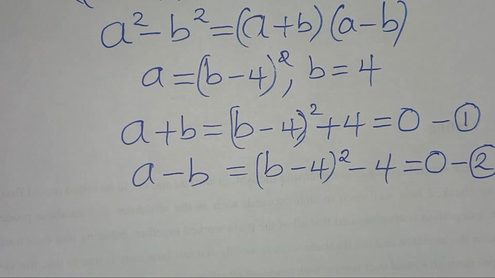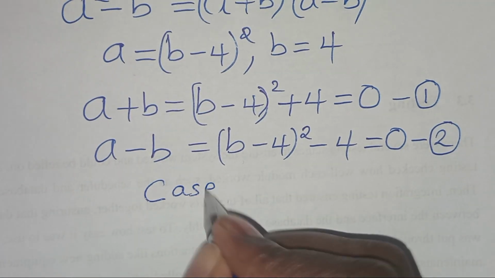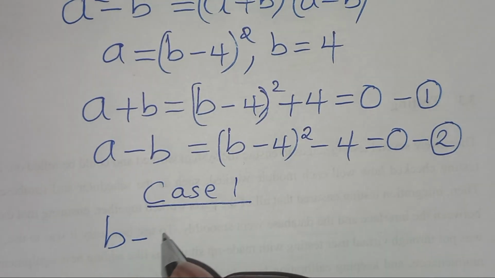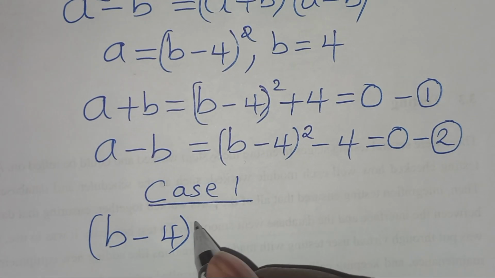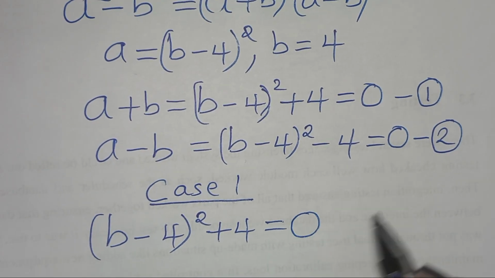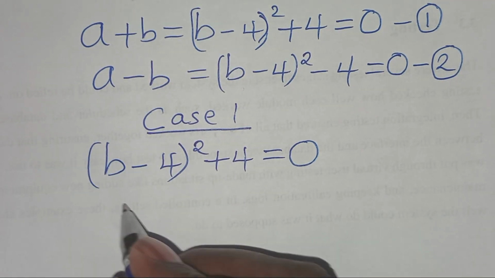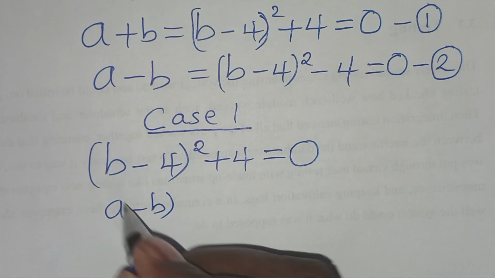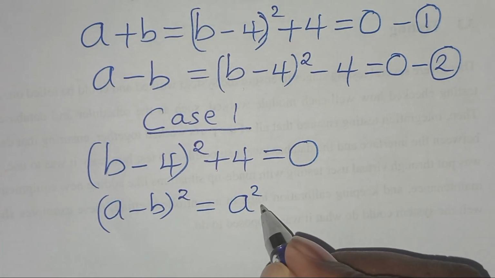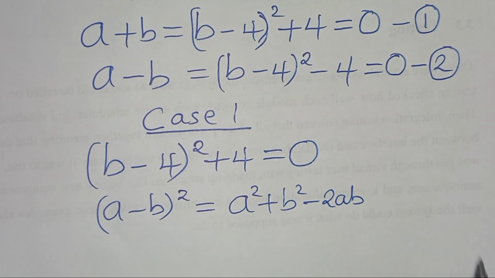So let's start with equation 1. In this case, I can call this case 1. Here we have (b - 4)^2 + 4 = 0. Now, (b - 4)^2 is in the form of (a - b)^2, which you can express as a^2 + b^2 - 2ab.